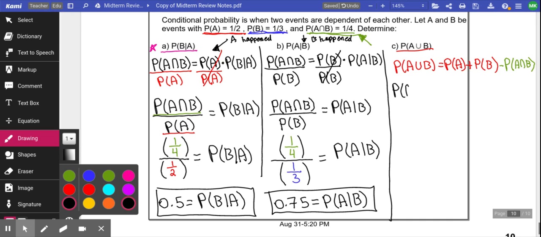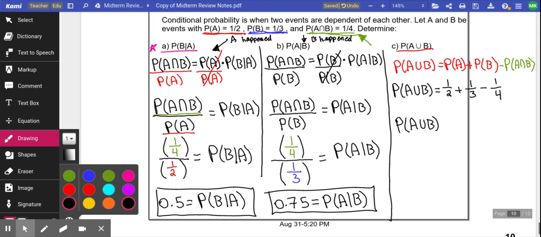Let's just plug some numbers in here. Probability of A or B equals the probability of A, which is 1 over 2, plus the probability of B, which is 1 over 3. Subtract the probability of both of them happening, which is 1 over 4. You throw that in your calculator. You're going to get a decimal first. So you're going to get 0.5 plus 1 over 3, and then minus 0.25.